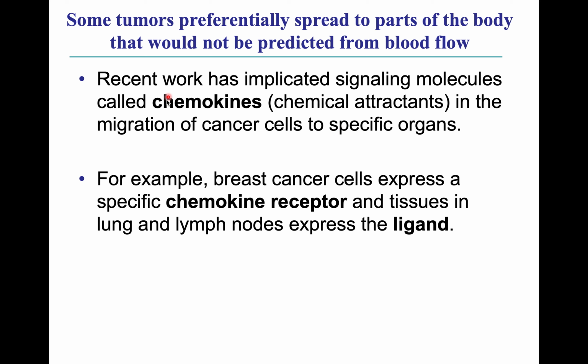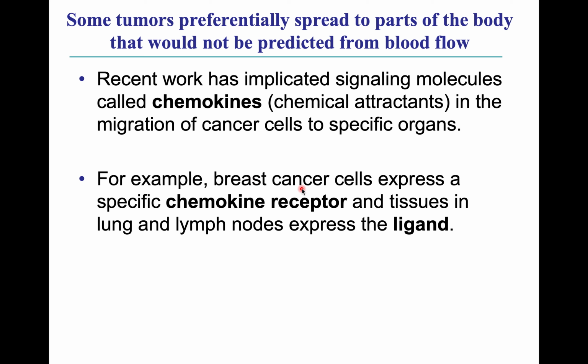And so I wanted to introduce this idea of chemokines, which are these very potent chemical signaling molecules that interact with what are called chemokine receptors. Those are the true receptor ligand type interaction. And there have been some interesting examples.